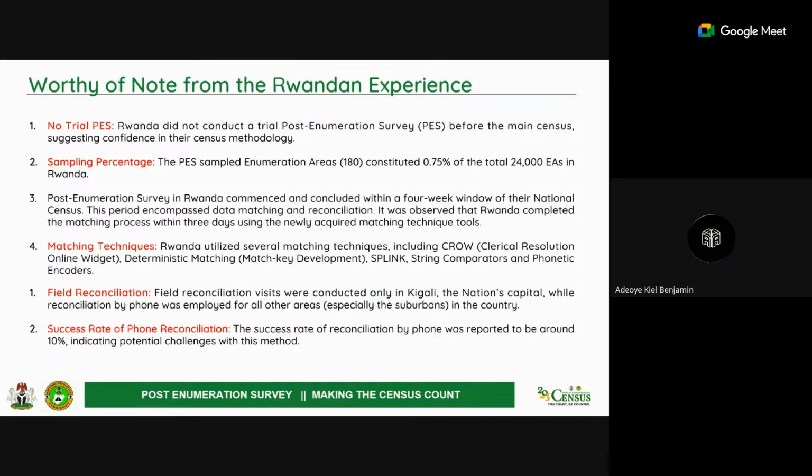So the sampling percentage, Madam has already said it. They sampled 180, which is about 0.75% of the total 24,000. And the PES in Rwanda commenced and concluded within a 4-week window. Their matching technique utilized several techniques, as my other colleague has said.